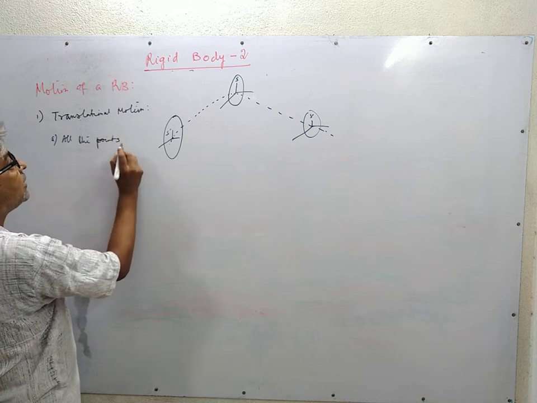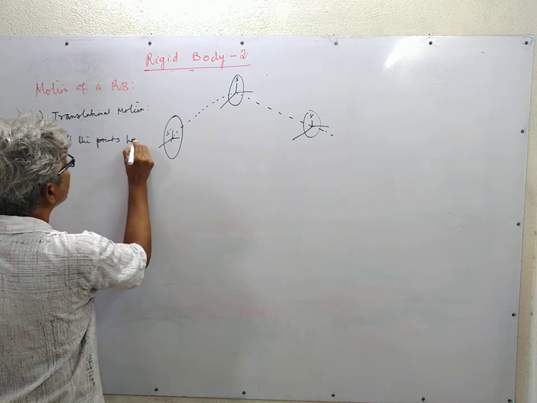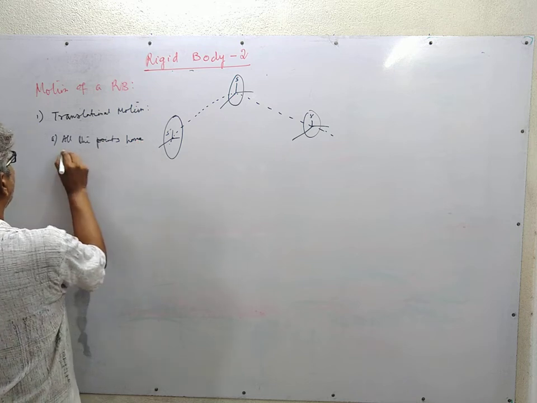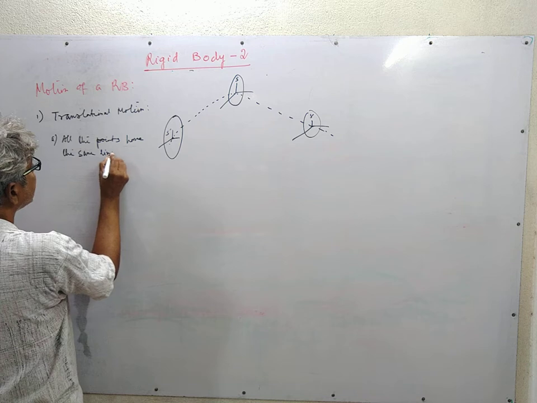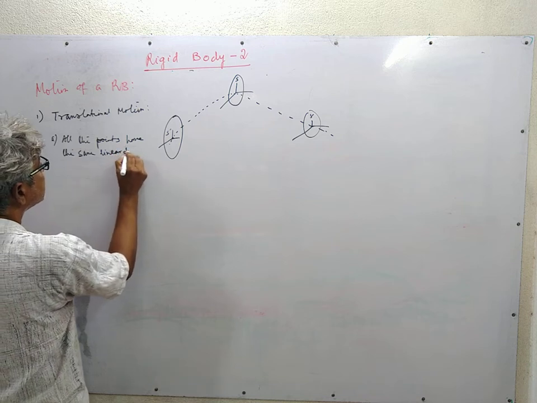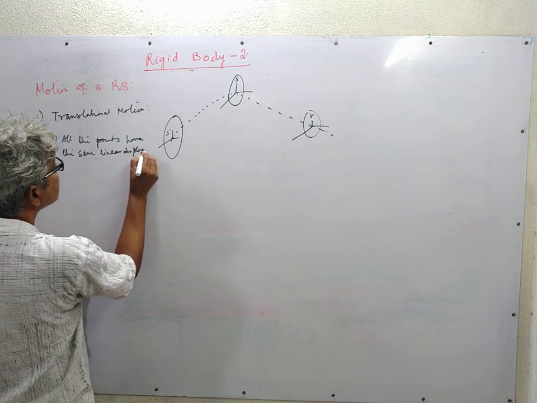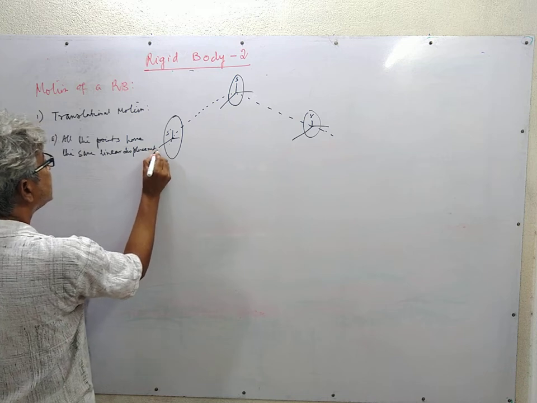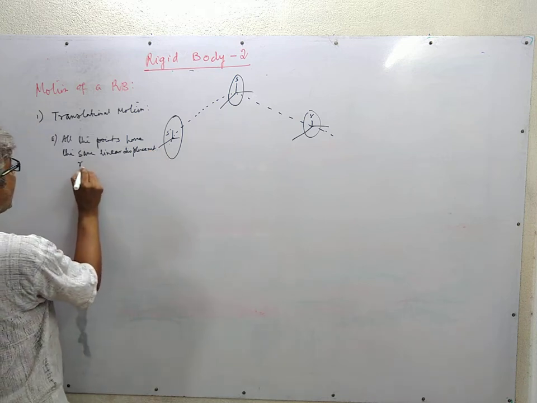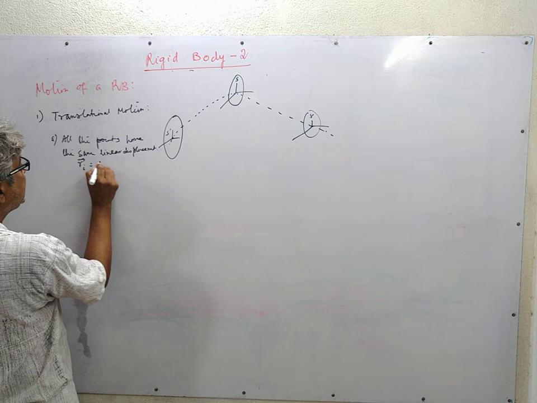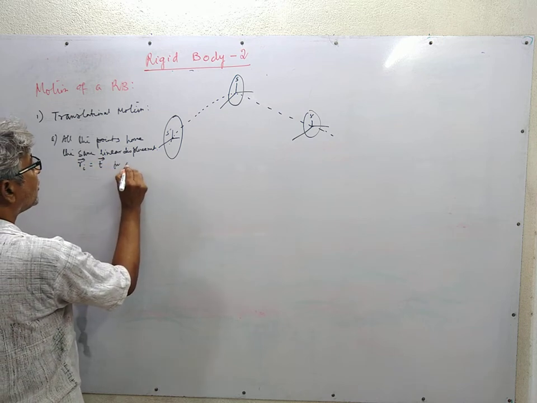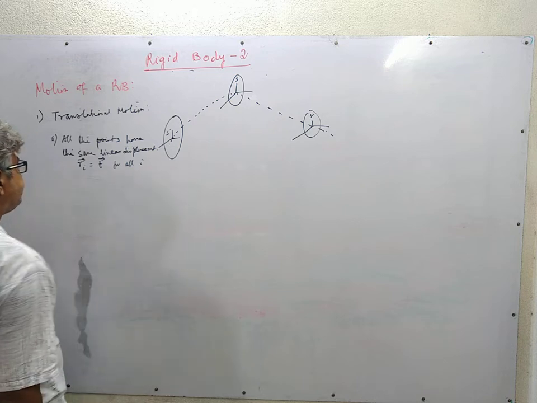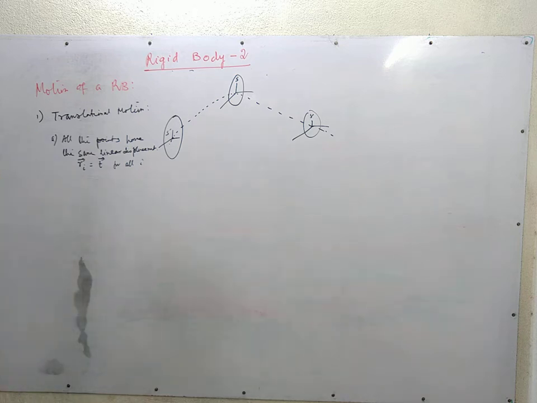So for translational motion, one definition is that all the points have the same linear displacement. That is, R_i is equal to P, say, for all i. This is one definition.